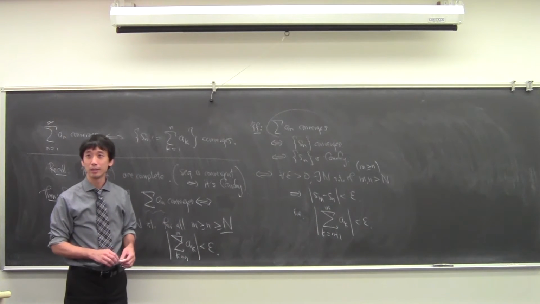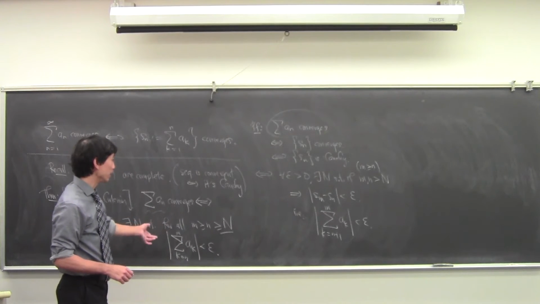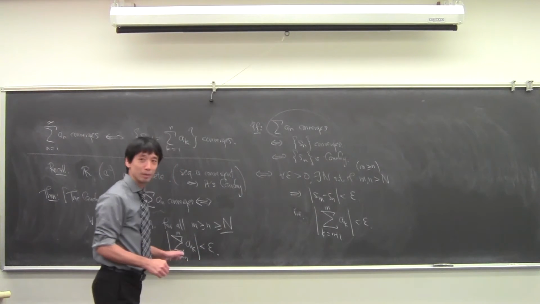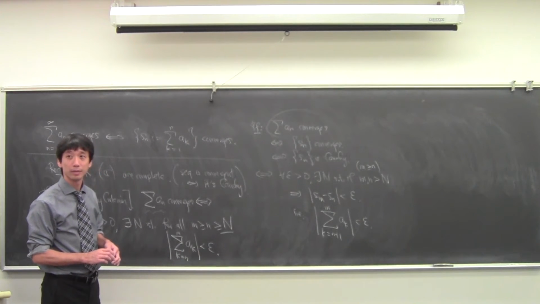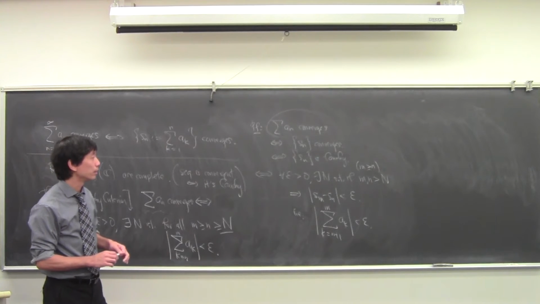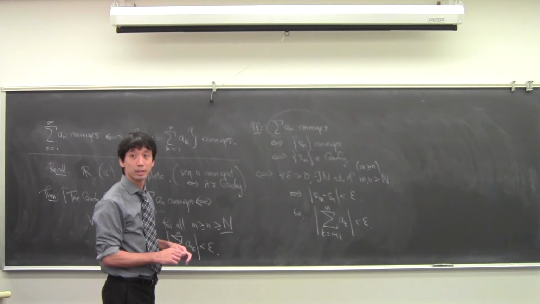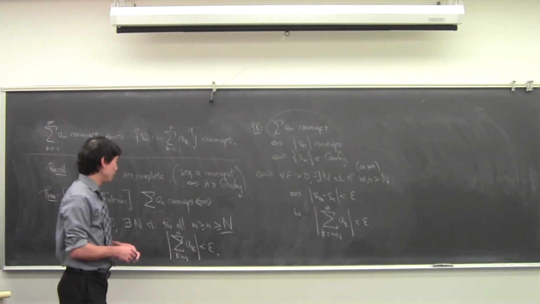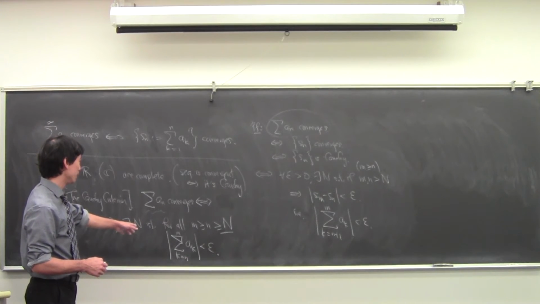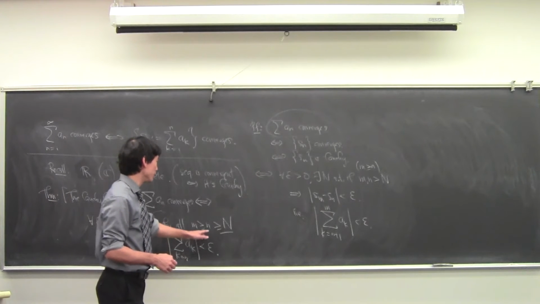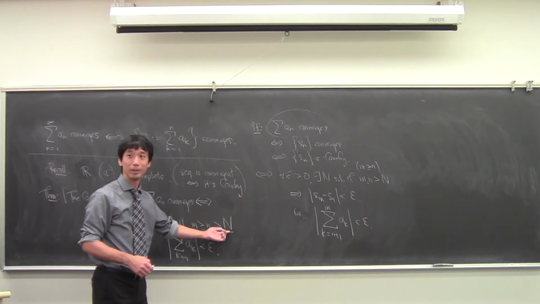Why is n plus 1 the same? Why is the k equals n plus 1 there, but it's different from k equals n? Because it's true for all n bigger than n.